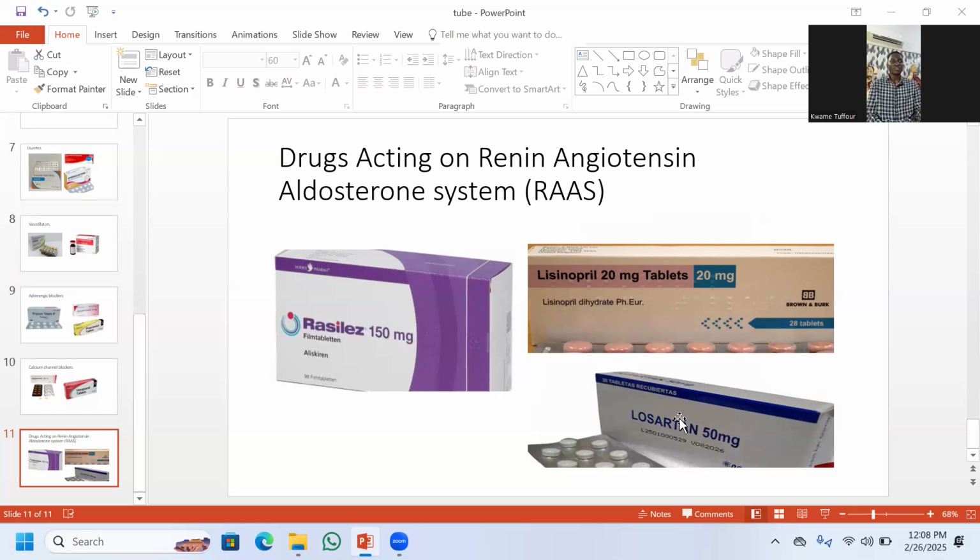Then we have the angiotensin 2 receptor blockers. They end with sartan. So losartan, candesartan, irbesartan, and the rest. Good. So I would want you to pick one of them or any of them, mention the class of drug and the mechanism of action.